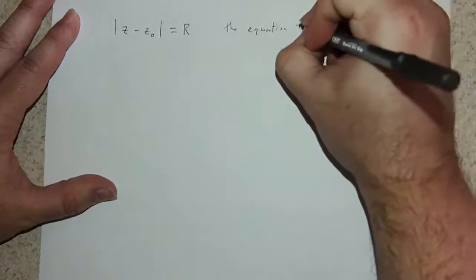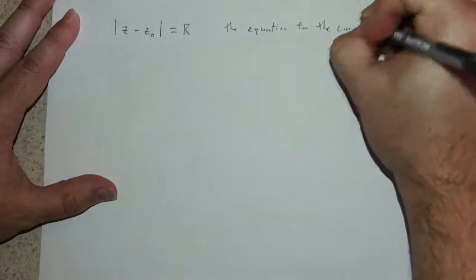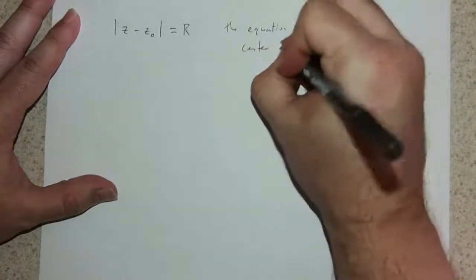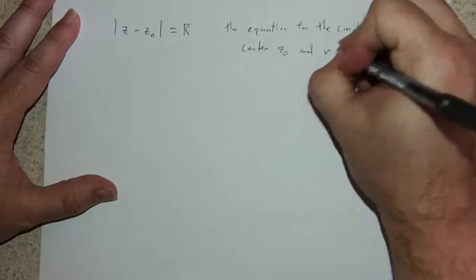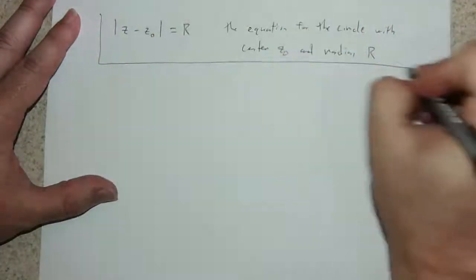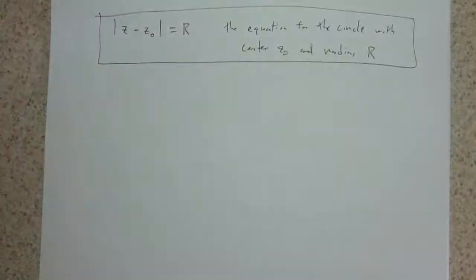This is very useful. Okay, we are going to use this characterization of a circle over and over again in this course. This is going to become completely second nature to you to think in terms of this notation.